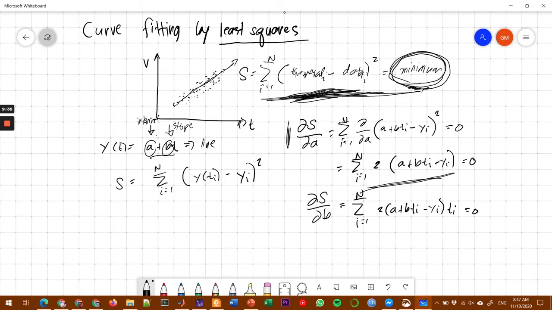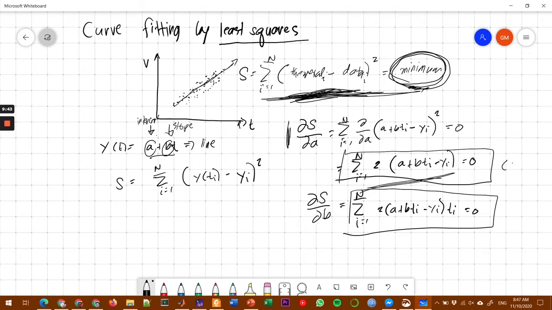So now we have two equations. We have equation 1, and then this is equation 2. So we can rewrite this further. So we arrive at this equation.